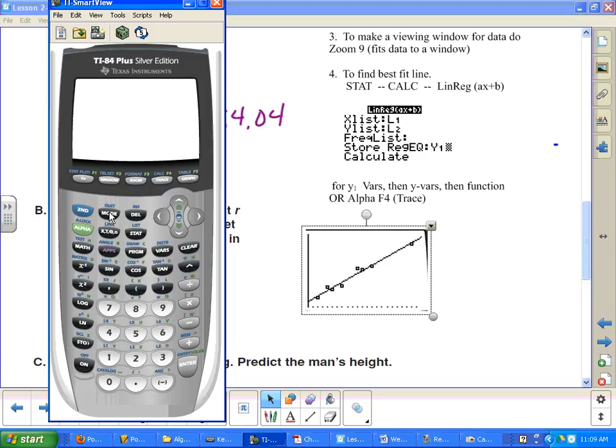If your R did not show up, how many people did not have R on theirs? Okay, if you don't have R, then go to mode and go down to the second page where it says Stat Diagnostics, and you want to make sure that's on. Stat Diagnostics need to be on.